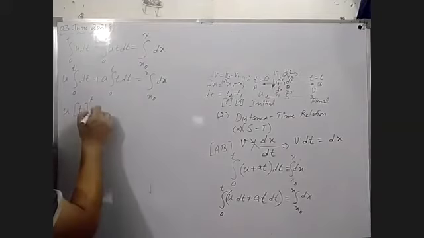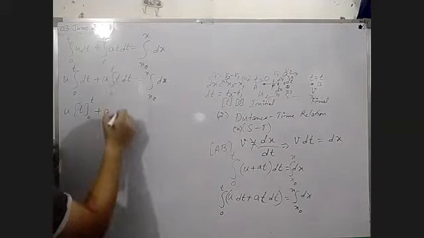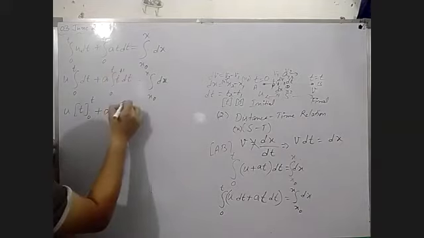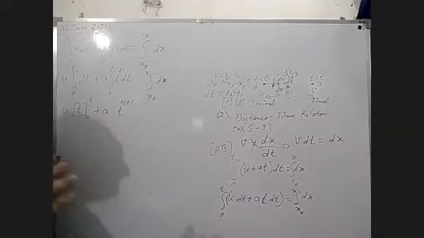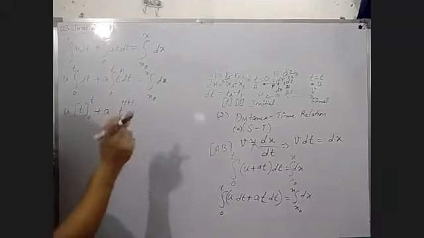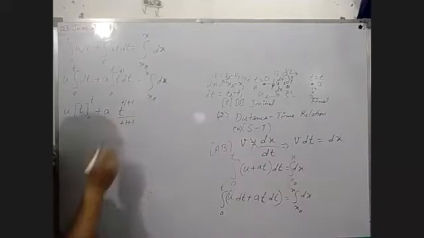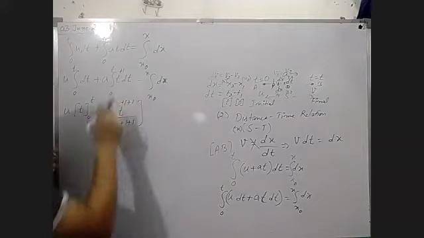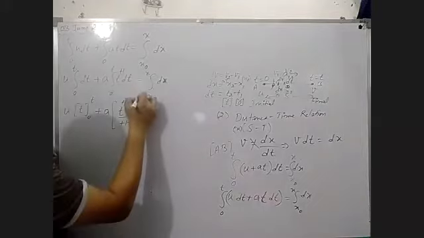But in this case, now we have to take the integration of t. What is the power of t? 1. Plus 1, so 1 plus 1 means in integration we have to increase the power by 1 and write that in the denominator. This is the integration of t. And what is the limit of this? 0 to t.